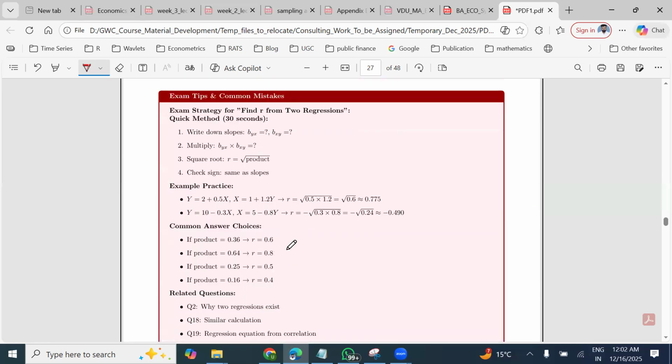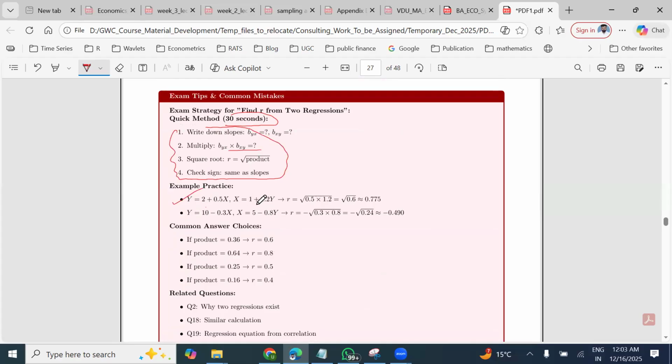Common mistake, let us see. What is the common mistake? Quick method, as I told you, 30 seconds. There will be no problem. Yes or no? Will you be able to do it in 30 seconds? Yes, sir. Okay. Do one more practice. 2 plus 0.5.